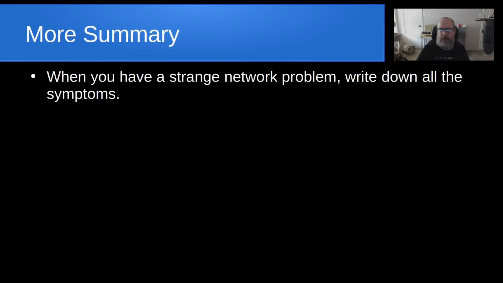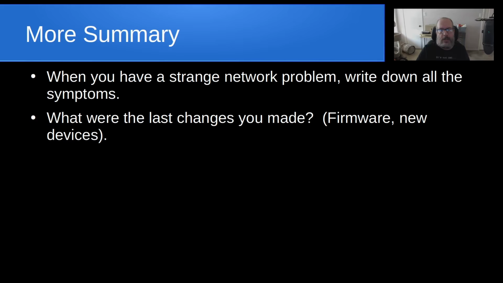So when you have a strange network problem, be sure to sit down, look at it carefully, slow down, go someplace quiet, write down all of the symptoms. You have to think about what were the last changes you made. Did you make any firmware updates? Do you have any new devices on your network? Do you have any new software on your network?